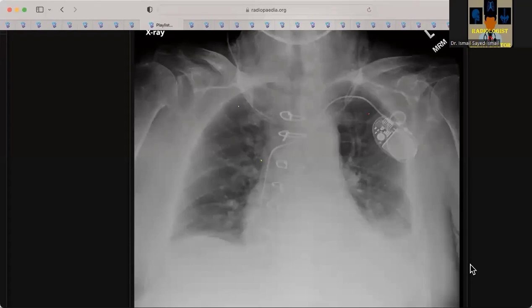Yeah, well done. I think you've described it very well. You've commented on the device. You've mentioned the median sternotomy wires. So this is a unilateral pleural effusion, and there is always another finding that points you towards a single diagnosis. Initially you've gone with cardiomegaly.